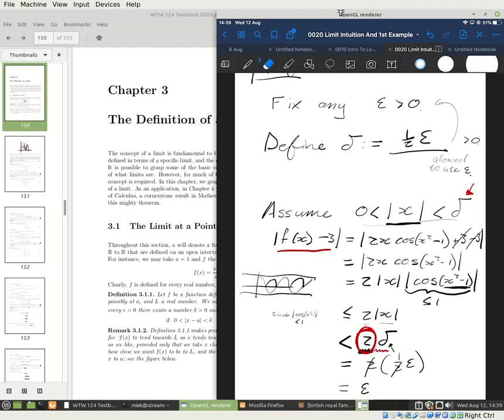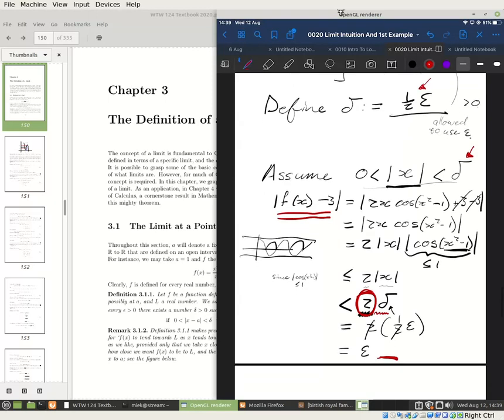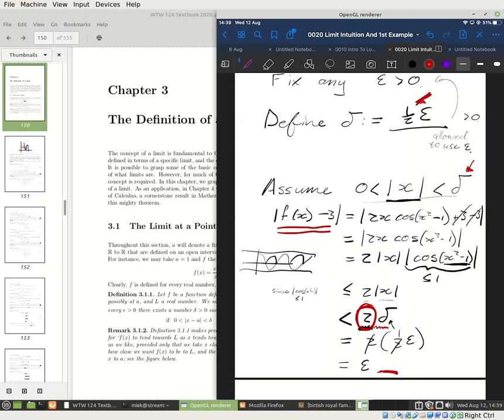And since we had it less than some constant times delta, by choosing our delta as 1 over that constant times epsilon, we could force this expression to be less than epsilon.